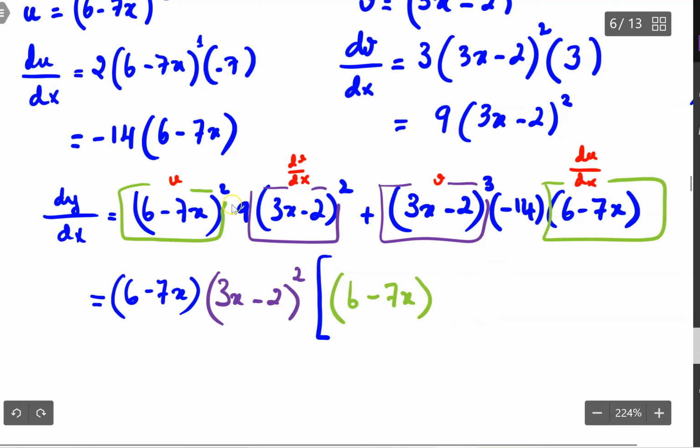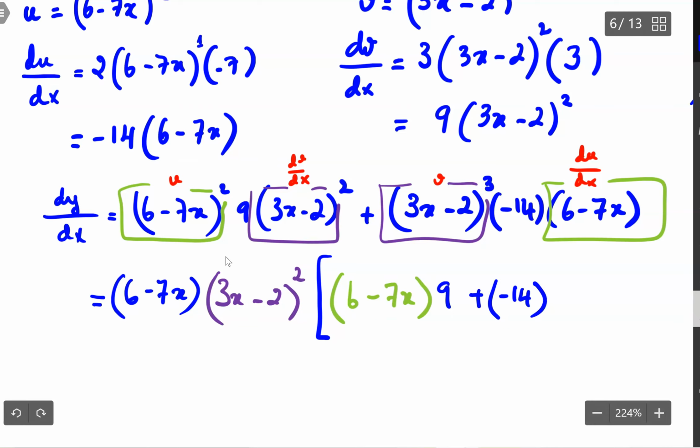So the only number remaining would be a 9. So I will write a 9. Now I have to add that with this. You see that I will have negative 14 left in here, and 6 minus 7x is already outside the bracket. So what I have left inside this bracket would be 3x minus 2, raised to the exponent 1.